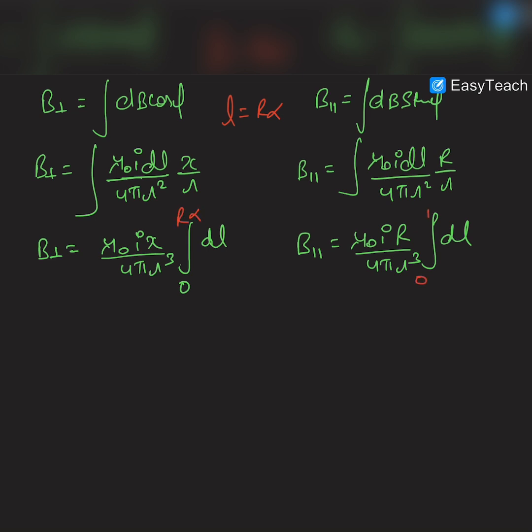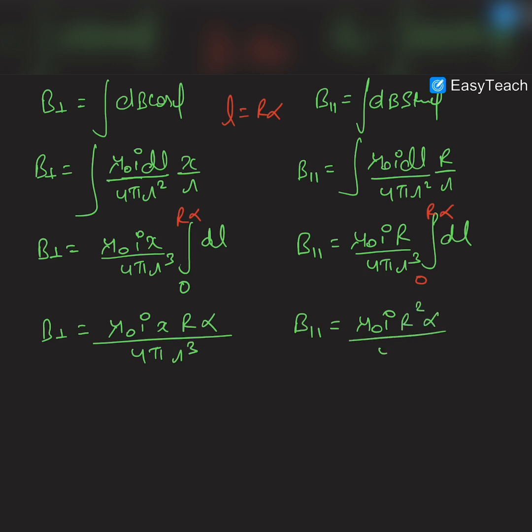So B perpendicular will be mu naught I x R alpha upon 4 pi r cube, and B parallel will be mu naught I R square alpha by 4 pi r cube.